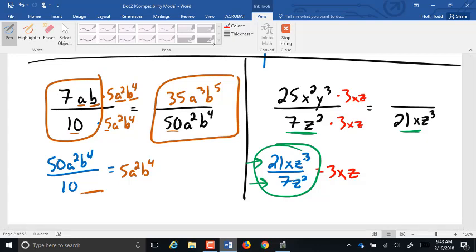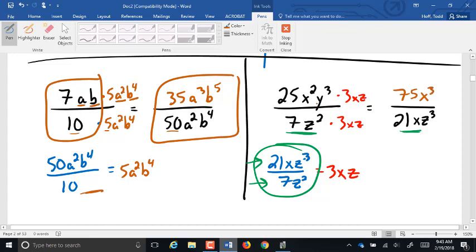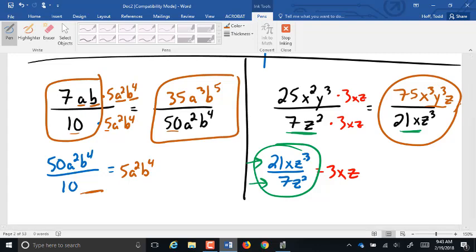What's 25 times 3? 75. x squared times x, x to the third. What happens with the y? Stays the same, so just y to the third and a z. So 75 x to the third y to the third z over 21 x z to the third.